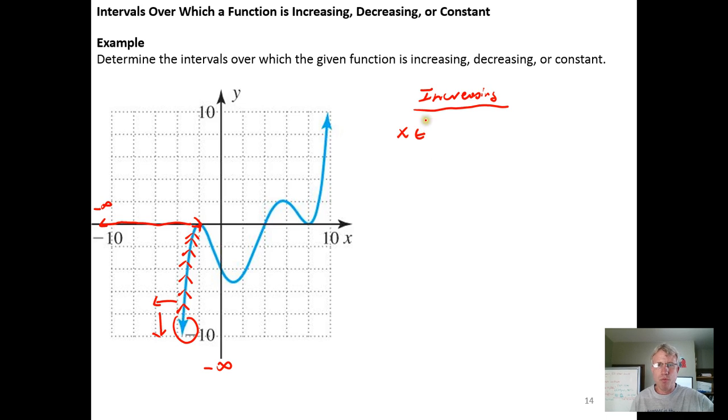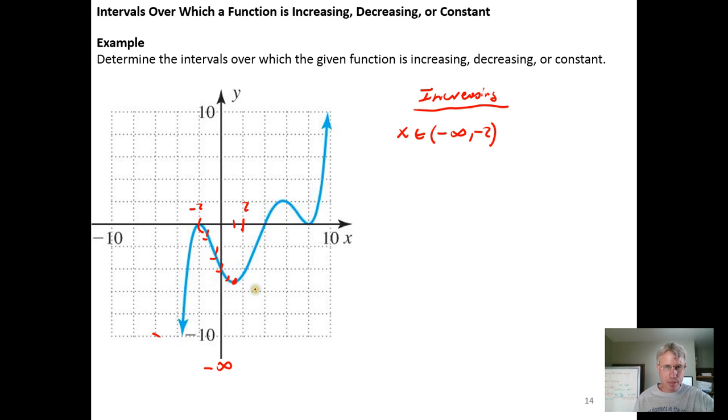x is an element of what x values? I started out towards -infinity and I ran all the way up to, and it looks like our tick marks are counting by 2's, so that's at x equaling -2, but I want to make an open interval there. So between -infinity and -2, the function is increasing in value. And then once I get here at -2, the function decreases or descends all the way until I get right about here.